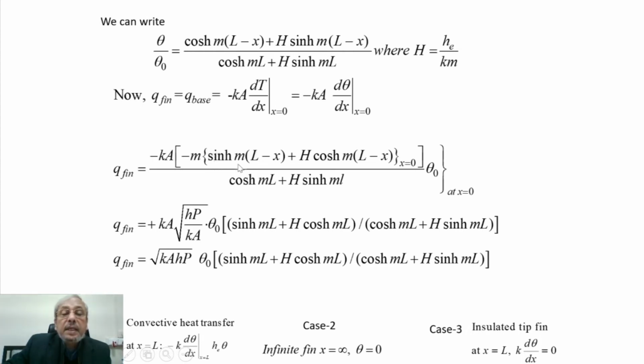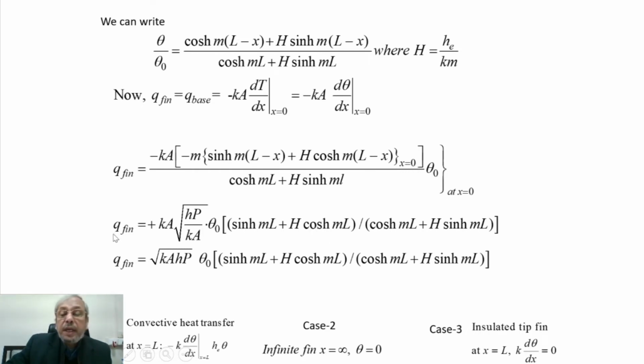We get inside sinh m(L minus x) plus H cosh m(L minus x) after the differentiation, and the denominator is cosh mL plus H sinh mL. Sorry, again a printing mistake. This is not lowercase l, this should be uppercase L. At x equal to 0, theta naught.